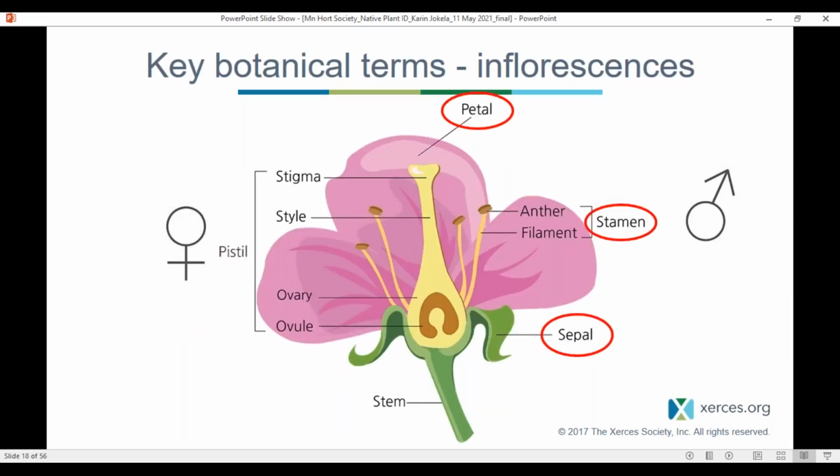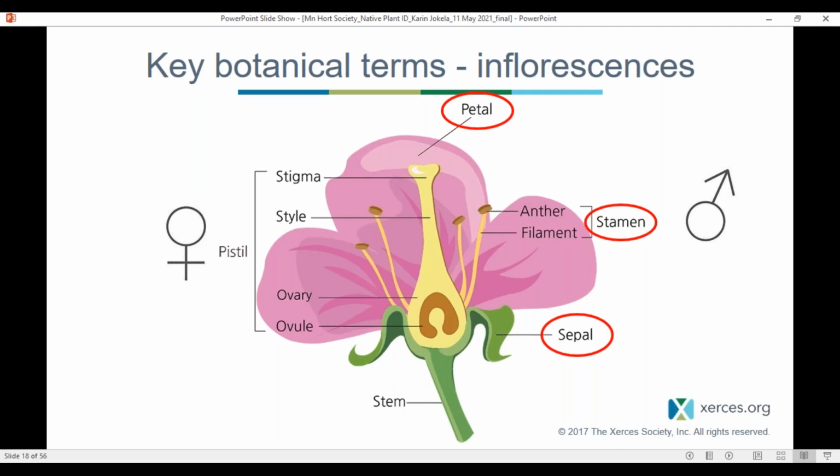There's a lot of different terms when we talk about flowers. This is just your classic biology 101 flower picture, where we've got these different parts that are part of the female apparatus, the pistil, and because we're not talking about pollination, I'm not going to go into all that detail, but there's the male part, the stamen, which is comprised of the anther and the filament, and that's usually a little bit more obvious.